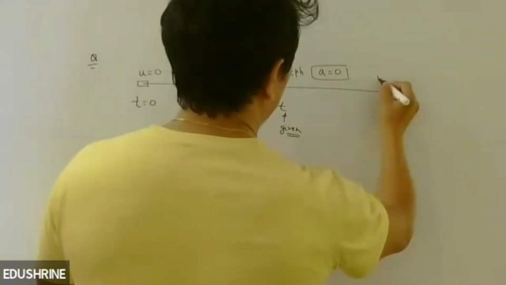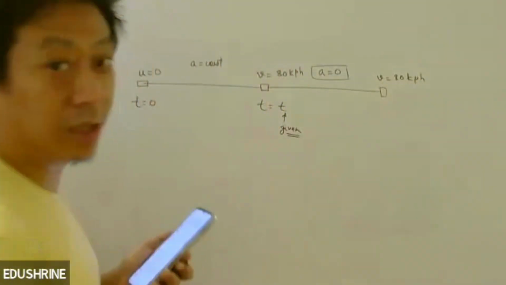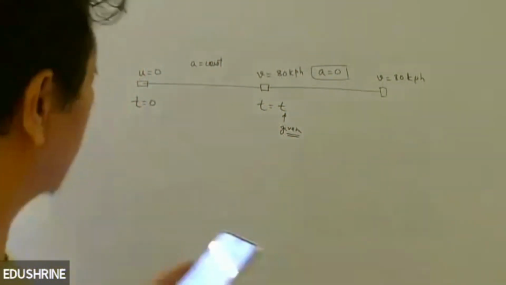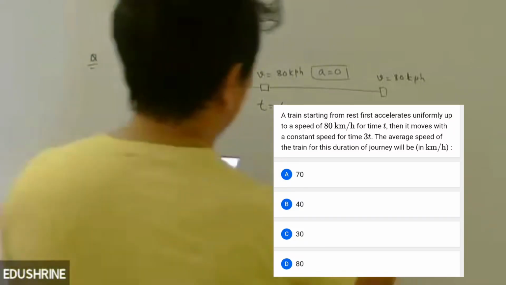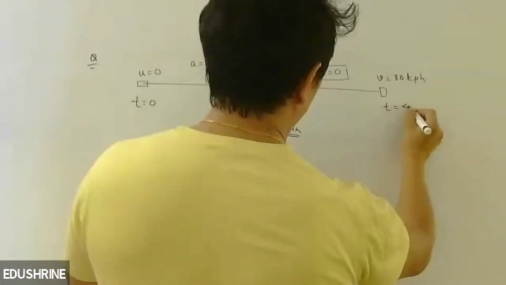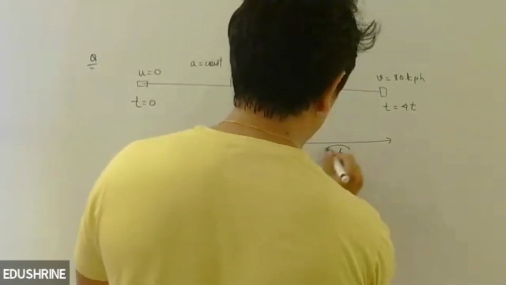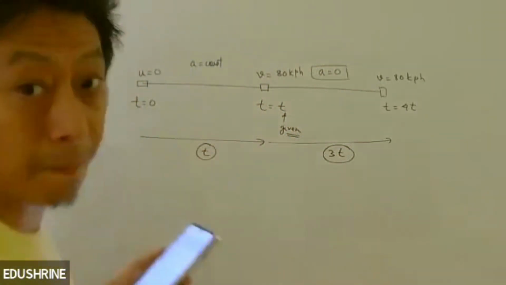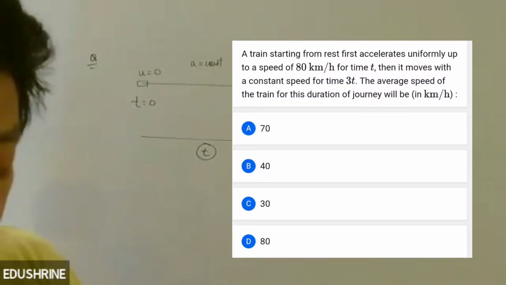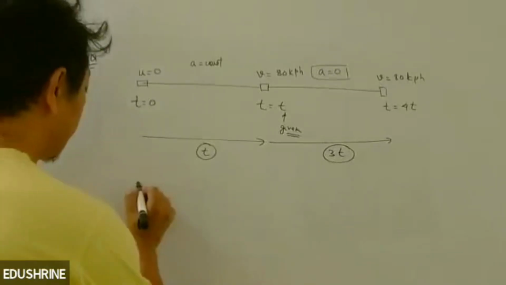What will be speed here? Anybody? 80 only. Why 80 only? Constant speed they told. Then it moves with a constant speed for time 3t. Then this will be 4t, because the time taken they have given is 3t. Understood this part? The average speed during the whole journey, they want the average speed during the journey.